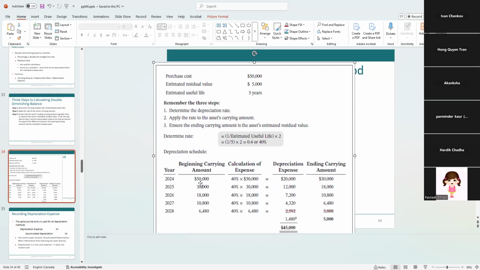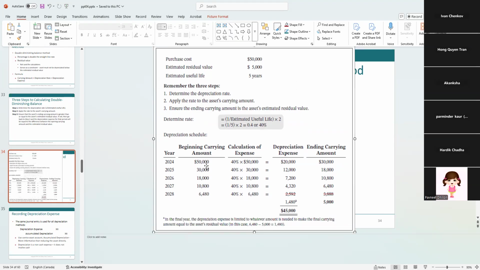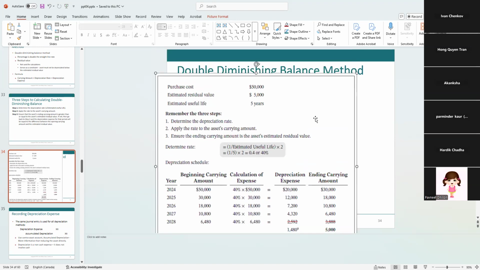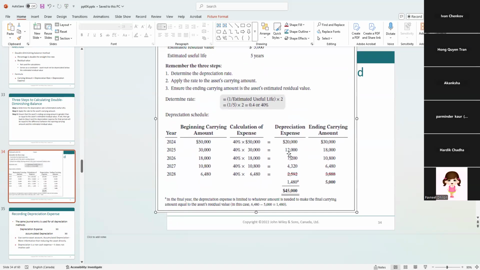So what's interesting here? You start applying that percentage to the original cost of the asset. But the objective is to go only and only to the depreciable amount that you already calculated, which is original cost minus estimated residual value. So you cannot deduct more depreciation than $45,000. Once you reach $45,000, you stop.